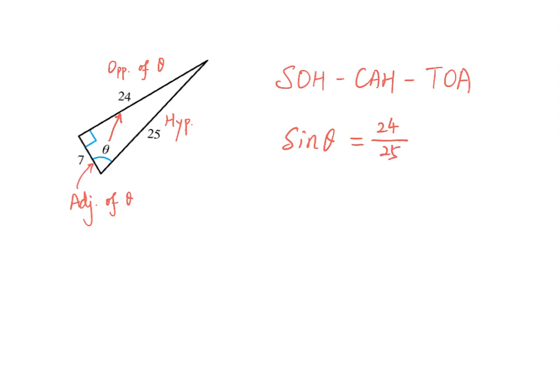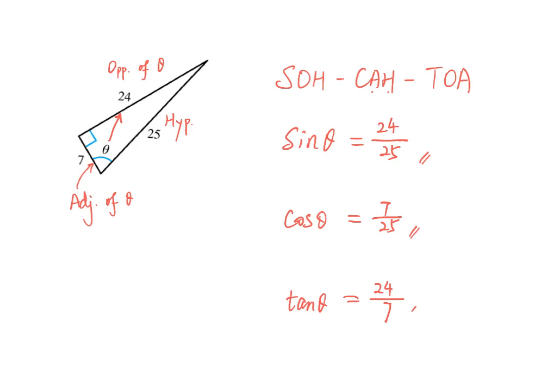So the value for sine theta is 24 over 25. And cosine theta equals adjacent side over hypotenuse. Adjacent side is 7, hypotenuse is 25. That's the value for cosine theta. How about tangent theta? Tangent theta equals opposite side over adjacent side. So the opposite side is 24 and the adjacent side is 7.